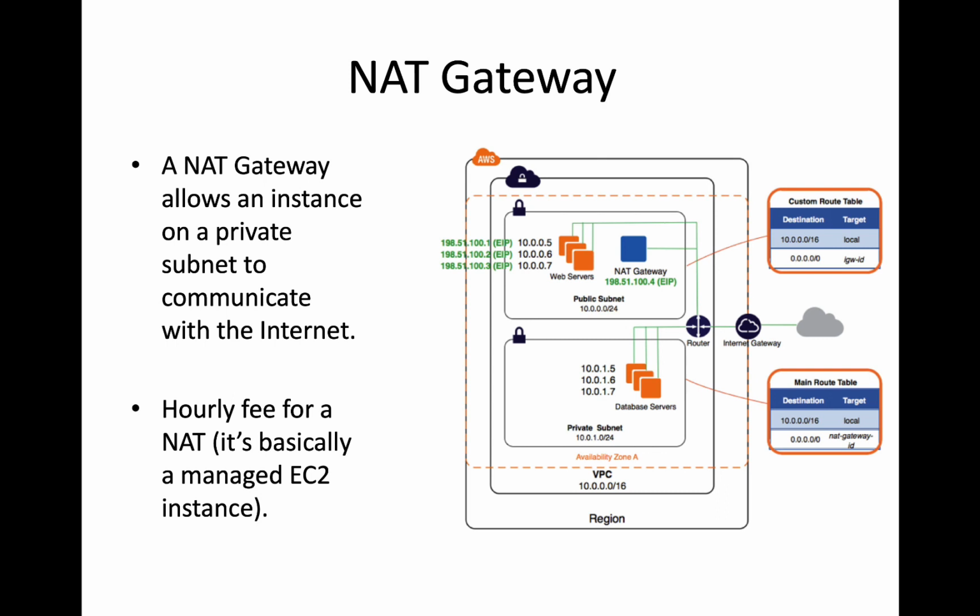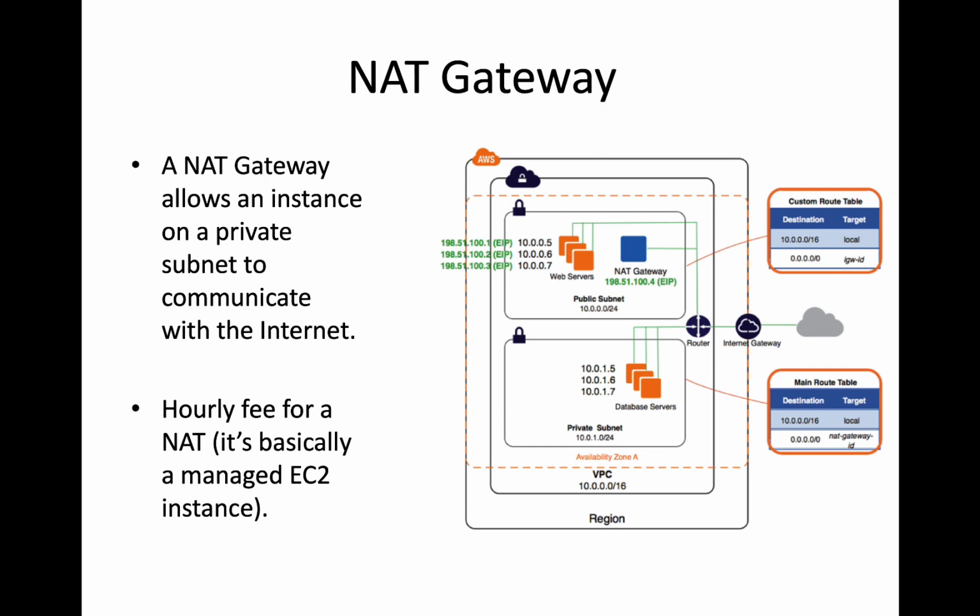And it can get that help from something called a NAT Gateway, which is a managed service offered by AWS. A NAT Gateway is a resource which will run within our VPC, and it will allow private servers to be able to communicate out to the internet.